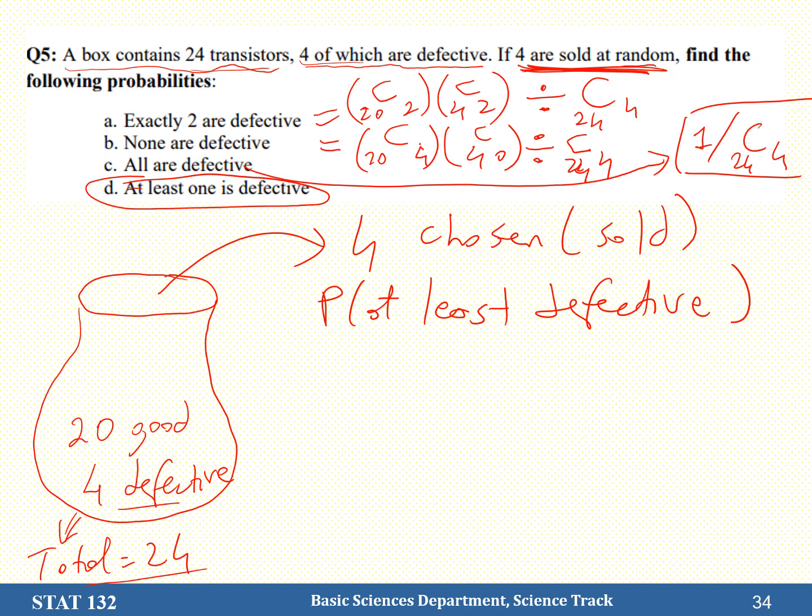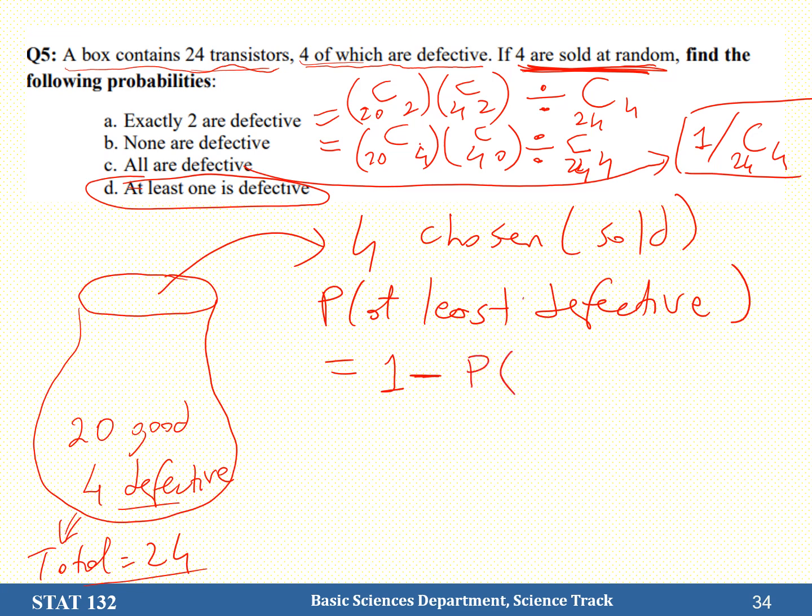At least 1 defective means it might be 1, 2, 3, or 4. We could find all these probabilities, but it's better to go with the opposite, the complement. At least 1 defective means the probability is 1 minus no defective.